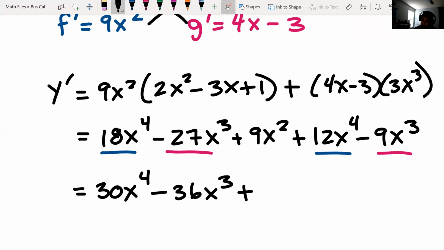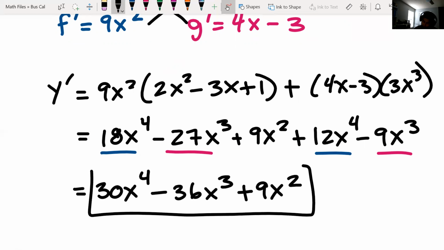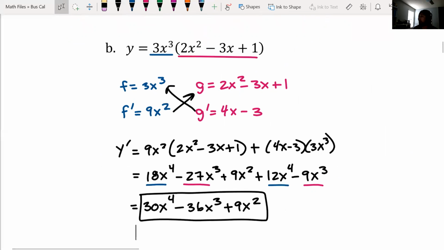And all that's left over is that 9x squared. There we go. Did it again, product rule. Any questions on that one?